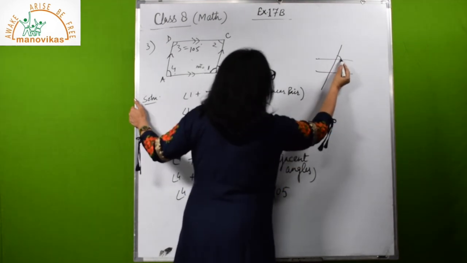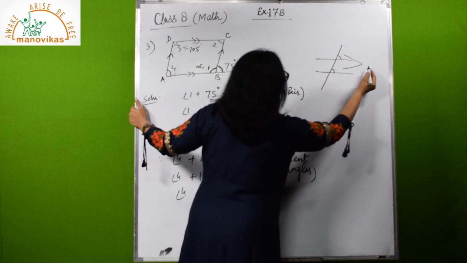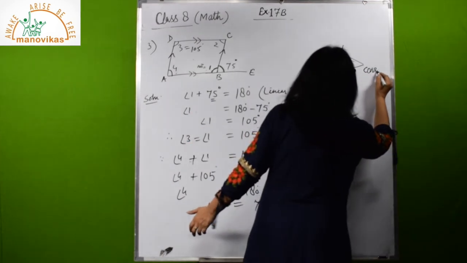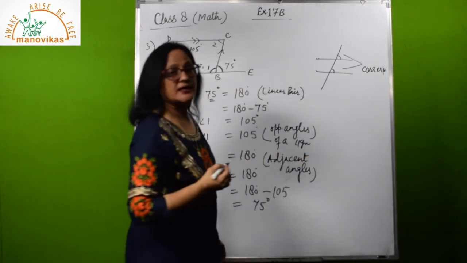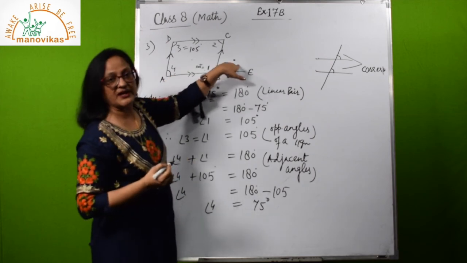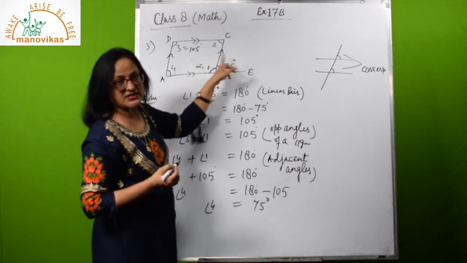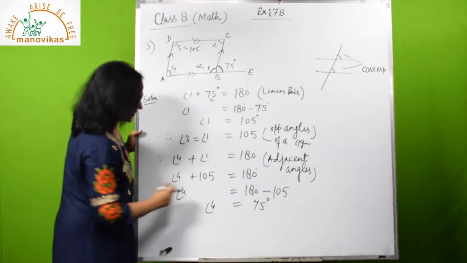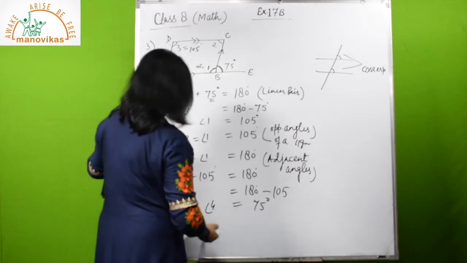So if you remember, this angle and this angle are called corresponding angles, and corresponding angles are equal. So here angle 4 is equal to 75 degrees. Directly you can take this combination, so you will get the value of angle 4 directly. But here I have shown you this way also you can do it.